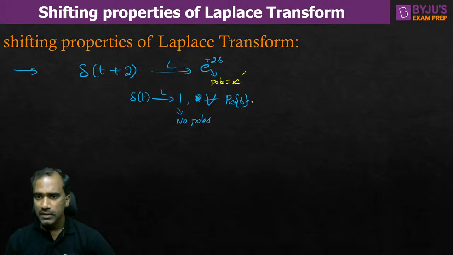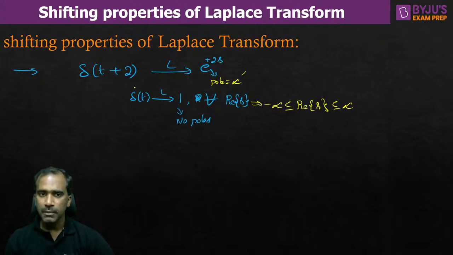So earlier, what is the meaning of this? It is minus infinity less than or equal to the real part of s less than or equal to plus infinity. This is the ROC for this one. Now, when you apply the time shifting property on this, the ROC may change or may not change based on the pole created. The pole created is part of this ROC. Hence, we have to remove this pole from the ROC and write the new ROC.